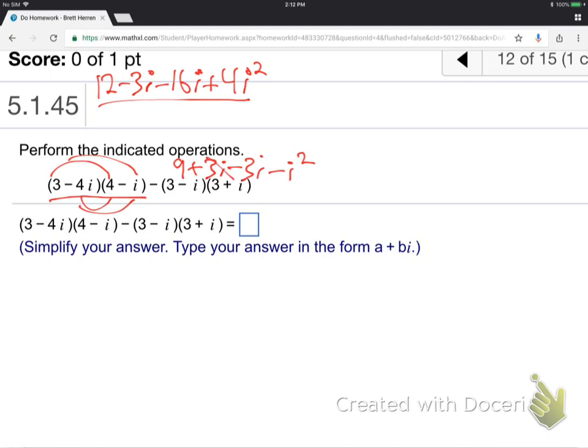Then these cancel, so you get 9 minus i squared, but it's all got a negative in front of it. So really what it is, it's minus the whole quantity, 9 minus i squared. Is that making any sense?